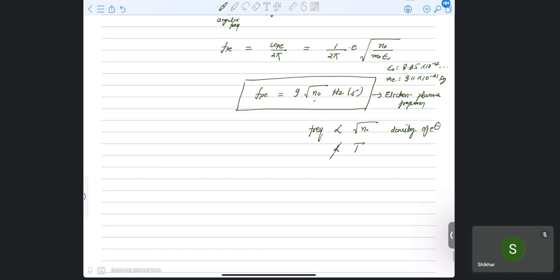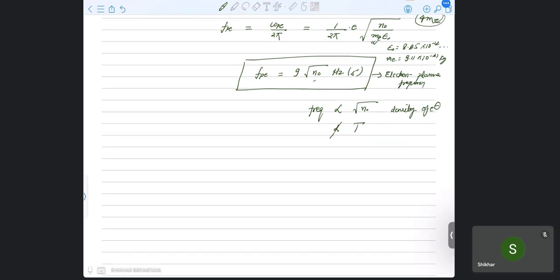This is for the electrons, but suppose they ask you what will be the oscillation frequency of other particles, in that case you need to put in the value of the mass of that particle, because I have just taken it for the electrons. Suppose they ask about an alpha particle, which is 4 times the mass of an electron, or some other particle like a proton, then you will have to put the value of m also. Keep that in mind.